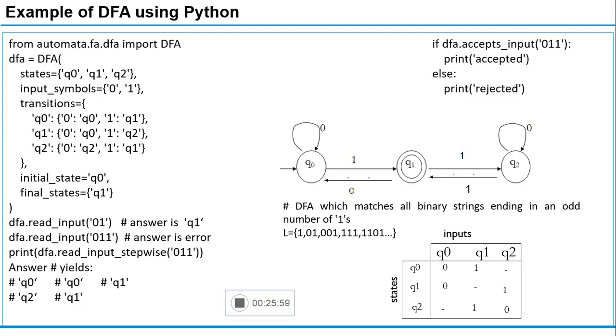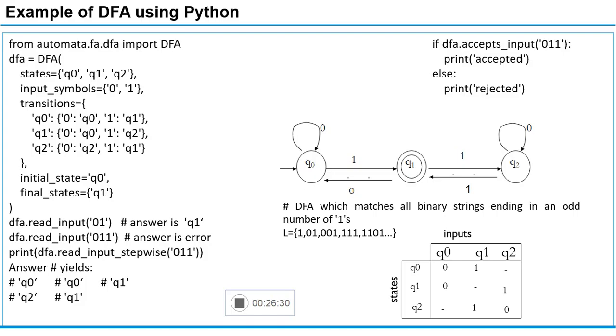The next thing we have to do is represent this in a table. We have seen a transition diagram, we have seen the language, and now we have to see how a transition table is written. We have mentioned all the states here as well as here, both horizontal and vertical. Q0 reading 0 moves to Q0 itself.